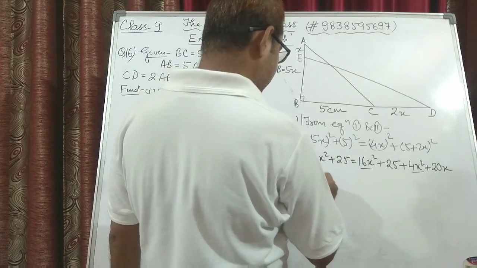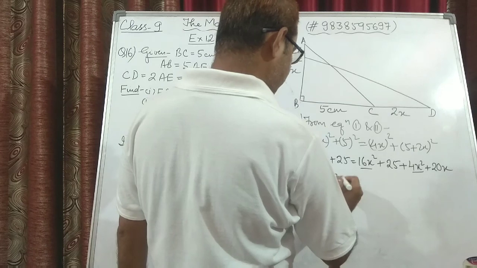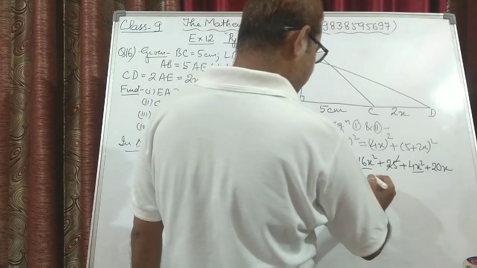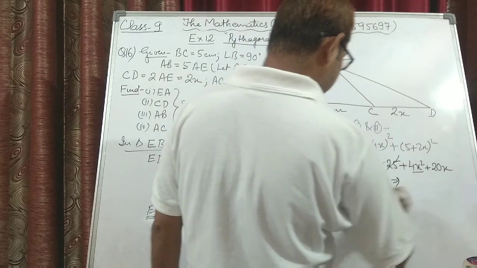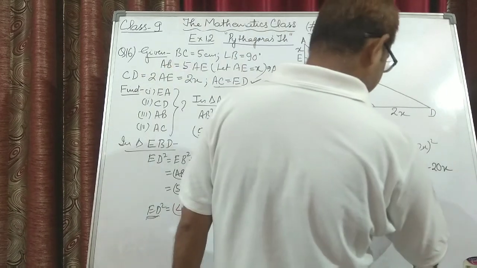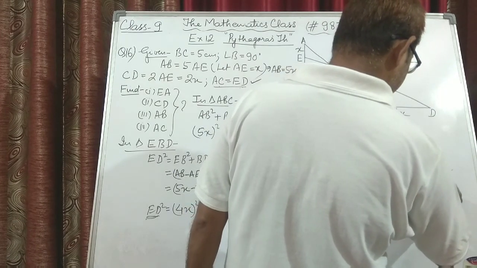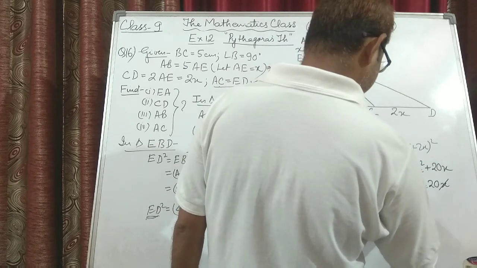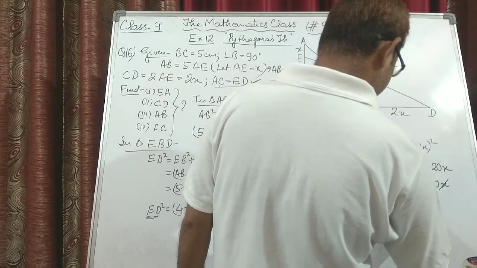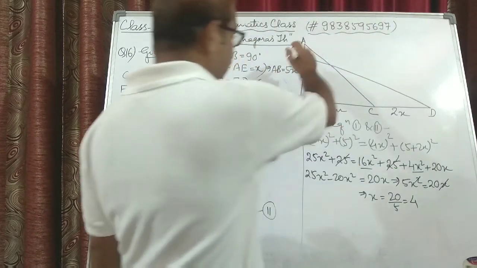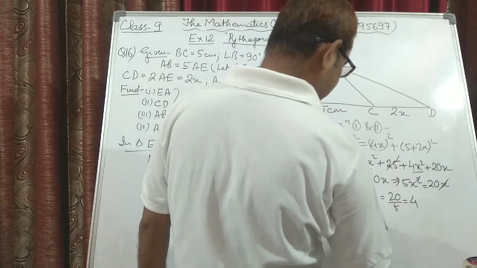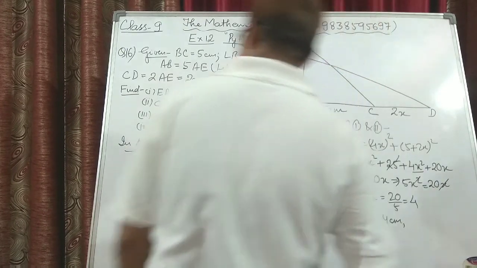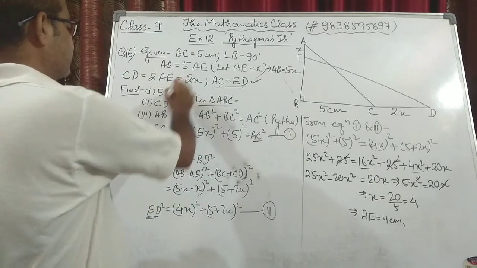It means this will be written as 25x square minus 20x square, 25 and 25 will cancel, equal to 20x, implies that 25 minus 20 is 5 times x square is equal to 20x, x and x cancelled, implies that x is equal to 20 upon 5, that is 4. And x we have taken as AE, it means AE we got as 4 centimeters or 4 units, whatever it is. So we got the value of AE.